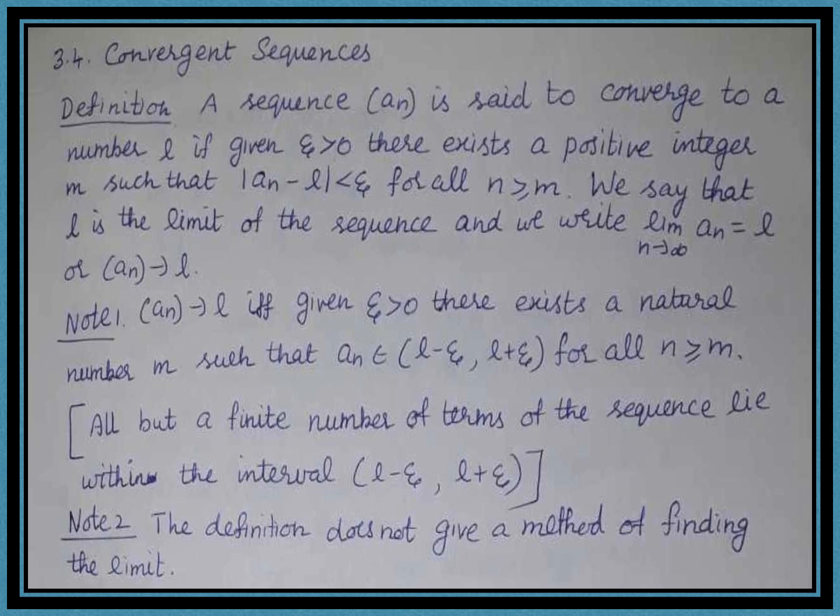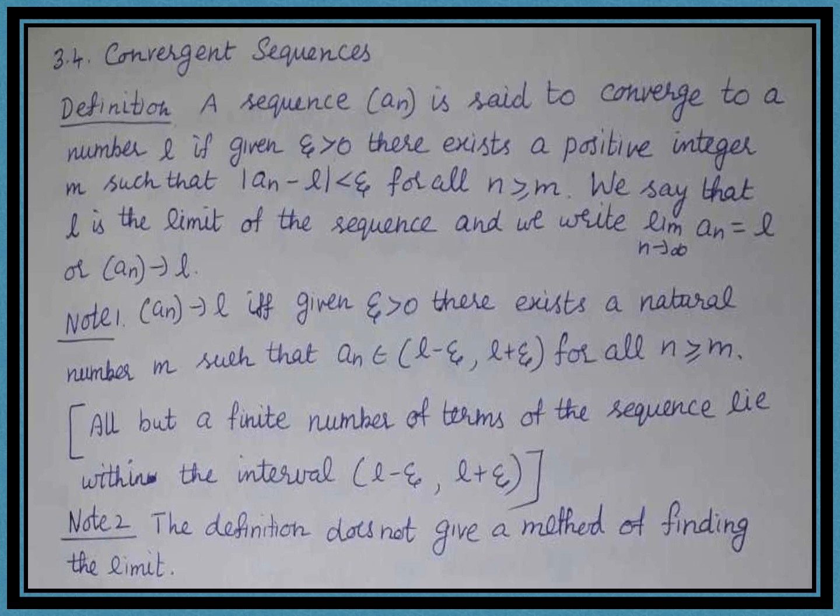To identify whether it is convergent, we take a very small value epsilon, neglecting the terms that are away from the convergence. The remaining terms should satisfy the condition that the absolute value of an minus L is less than epsilon.